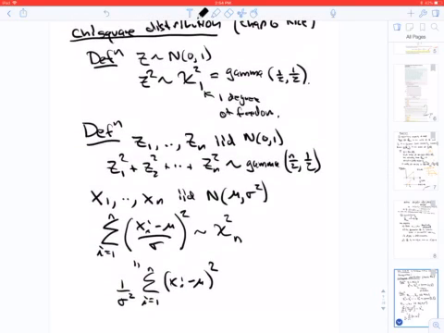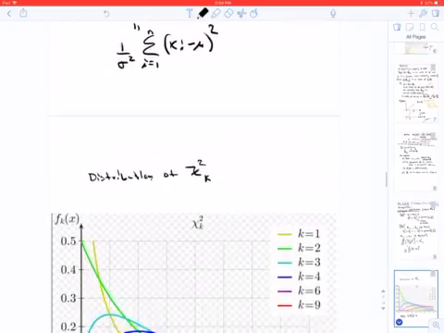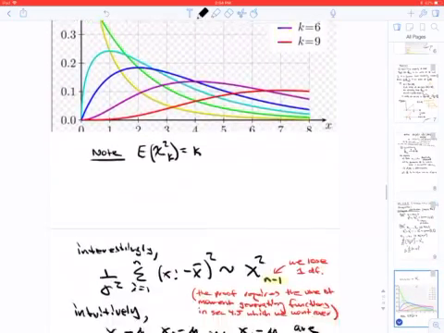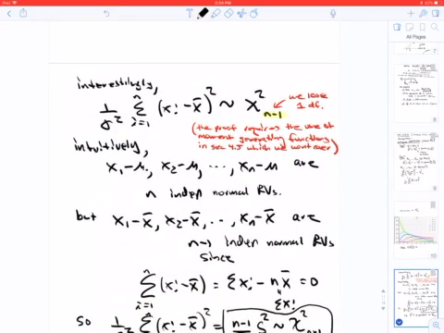So you should have met this in your probability class. I don't really have anything to say about chi-squared, I don't think. This is the distribution here.